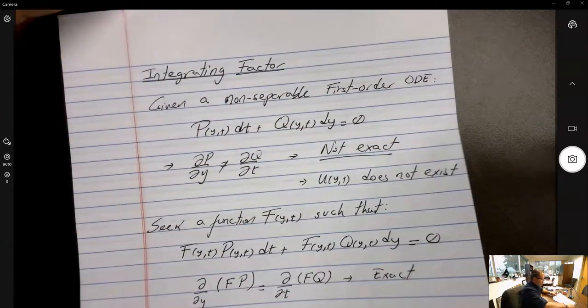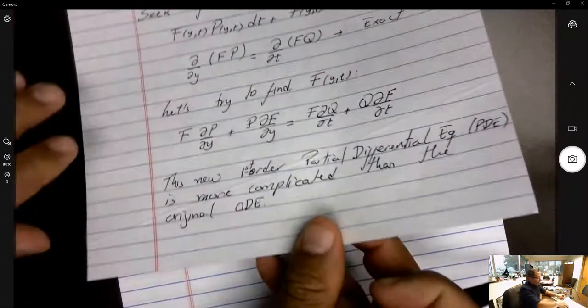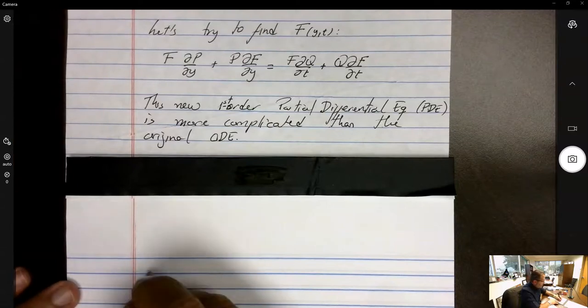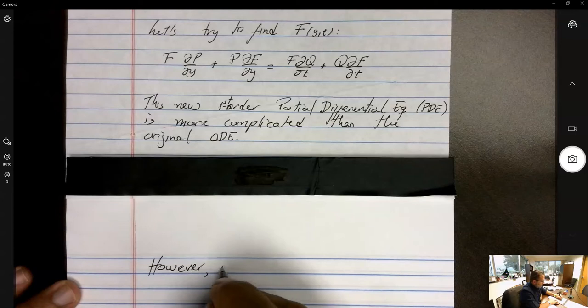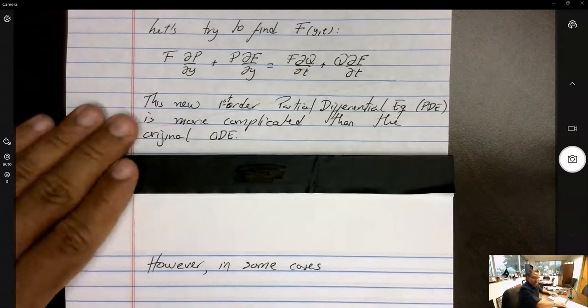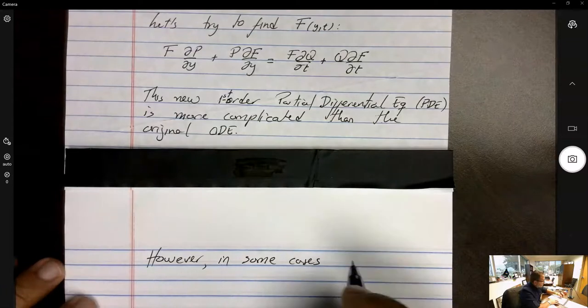But fortunately, however, in some cases, and again, this is in a small subset of equations that are not separable and not exact, we might be able to find an integrating factor.